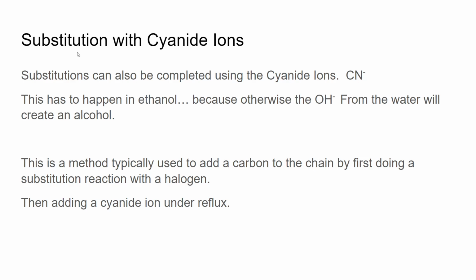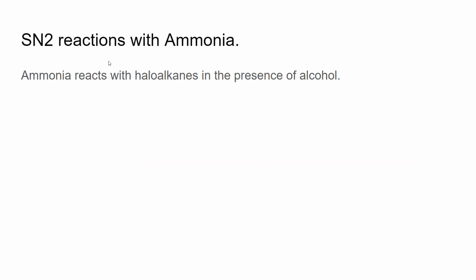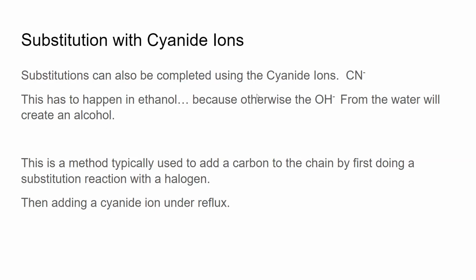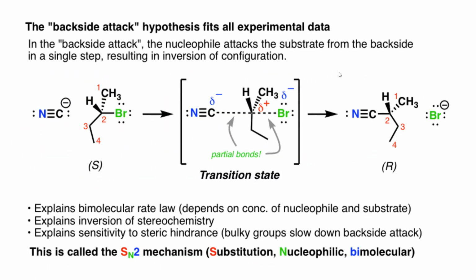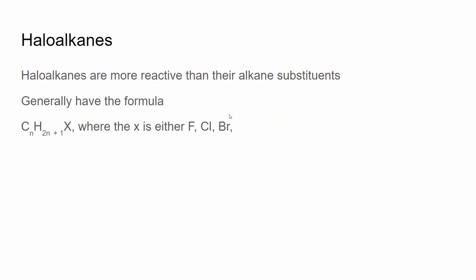We can also do substitution reactions with cyanide ions. Okay, and this is an example from our actual first example here. The cyanide ions also are a way for us to go ahead and do this type of substitution reaction.